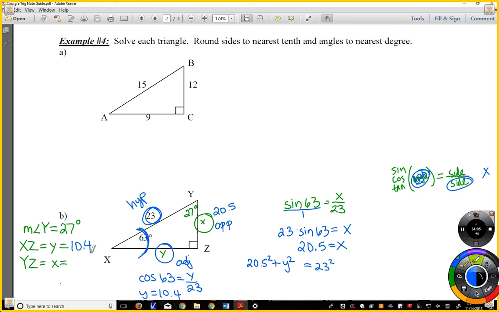So either way, that seems to work okay. But sometimes your answers will vary a little bit depending on how many times you had to round before you set up your equation. Or if some people found y using the 20.5 side instead of the numbers that were given, theirs might vary a little bit because that was a rounded value. But it should be close enough that we can tell.